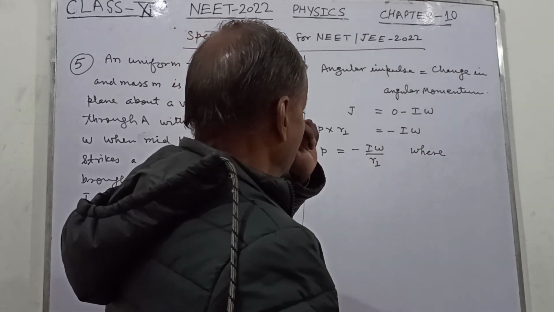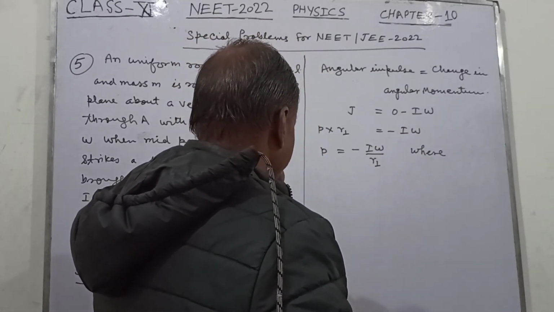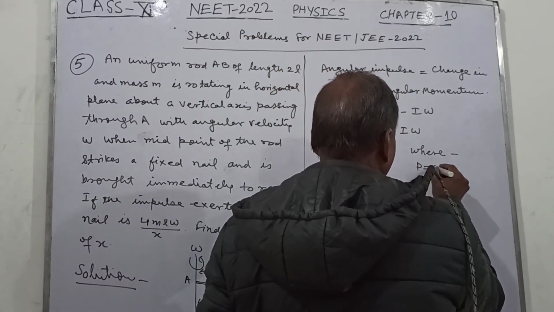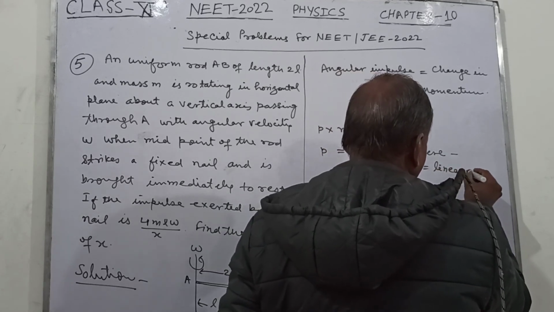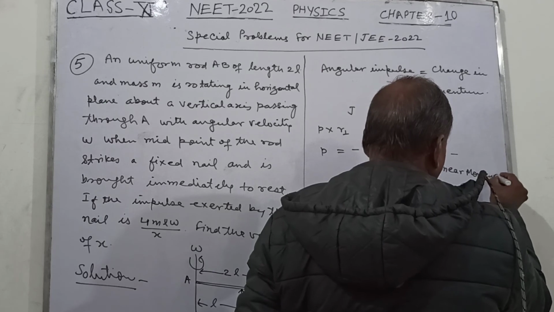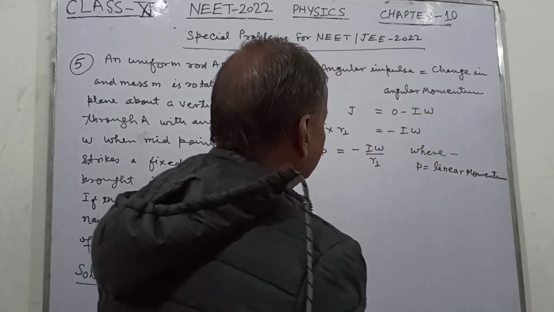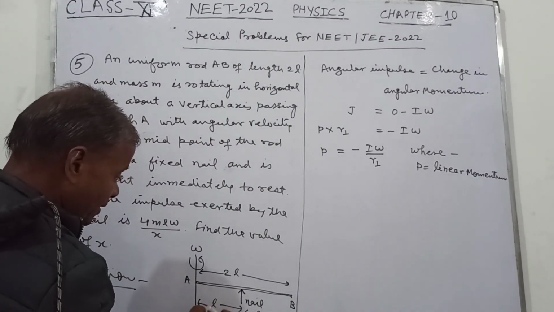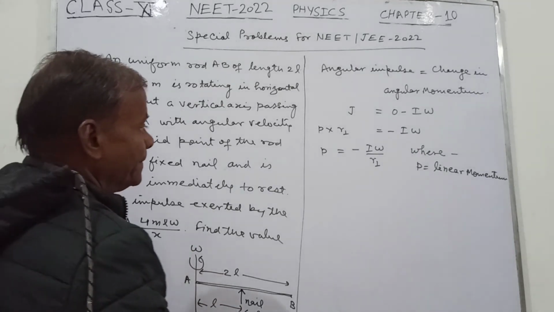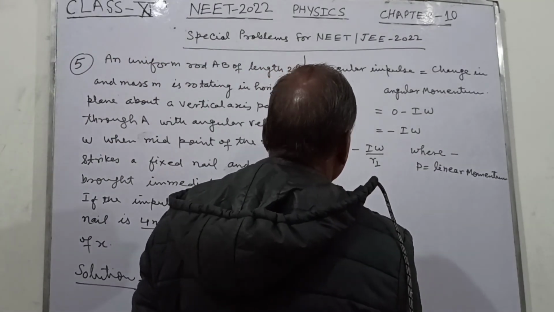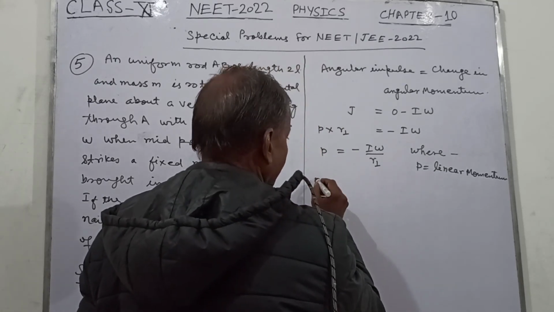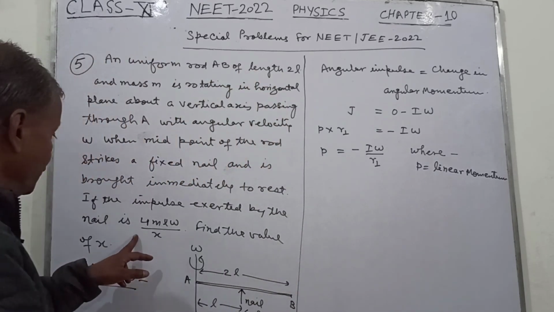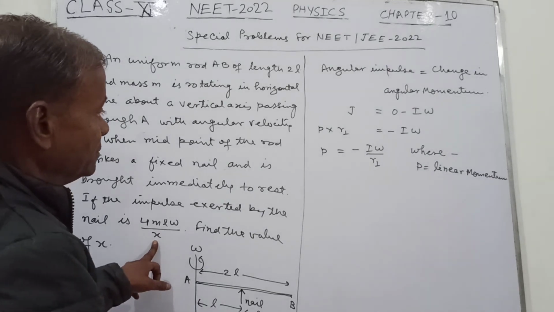This is equal to so much I omega, where P is the linear momentum. This is a perpendicular distance, and this perpendicular distance is equal to L from here. Now moment of inertia. Now this P is given to you as 4 ml omega upon x.